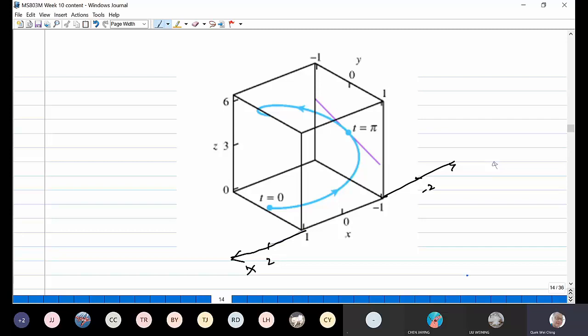This is y equals 0, so you can get the y-axis somewhere here. Because the scale is difficult to see, I draw the y-axis here. Usually the x and y axes are perpendicular.